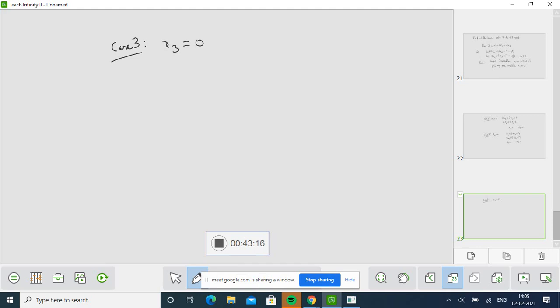So when I put x3 equal to 0, what will I have? 2x2 plus x1 equal to 4. And the second one is 2x1 plus 3x2 equal to 7.